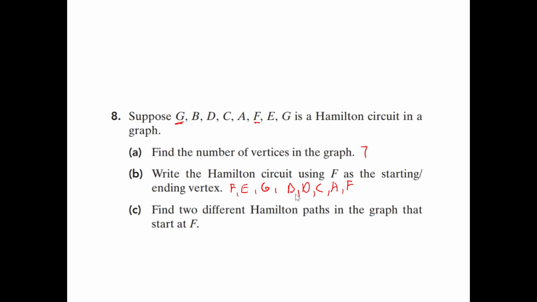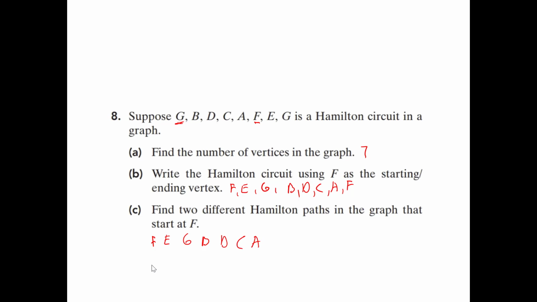Find 2 different Hamilton paths in the graph that start at F. Again, a Hamilton path will just not be a circuit, but it has to visit all the vertices. So if we have F, E, G, B, D, C, A, F as my circuit, I just erased the F, and now I have a path, right?